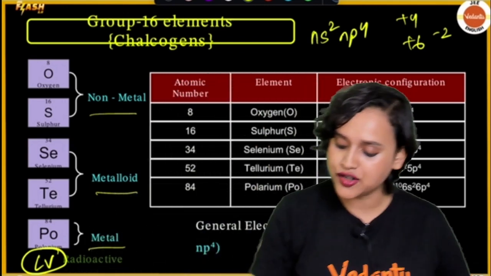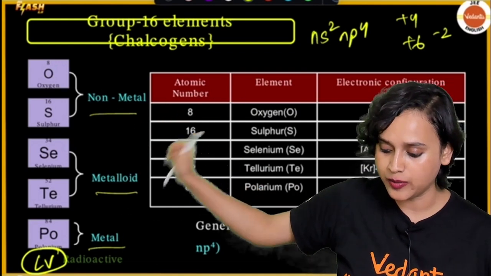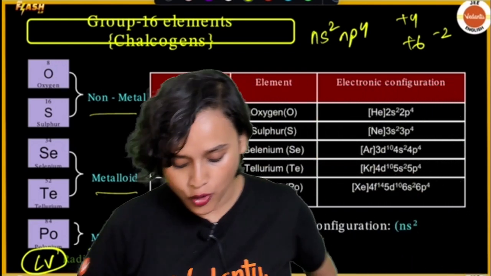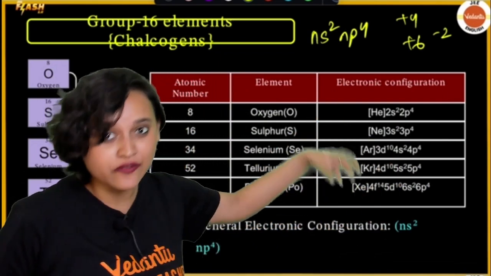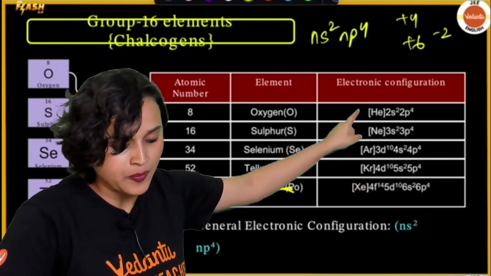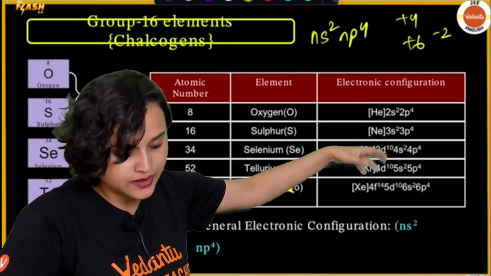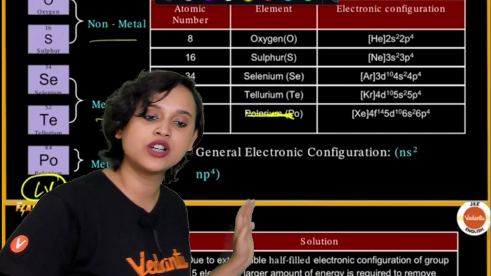Now here is the electronic configuration. For oxygen it is 2s2 2p4, sulfur 3s2 3p4, selenium 4s2 4p4, tellurium 5s2 5p4. For polonium, it is 5d10 6s2 6p4. So the general electronic configuration is clear, right? What happens to the atomic and ionic radii?